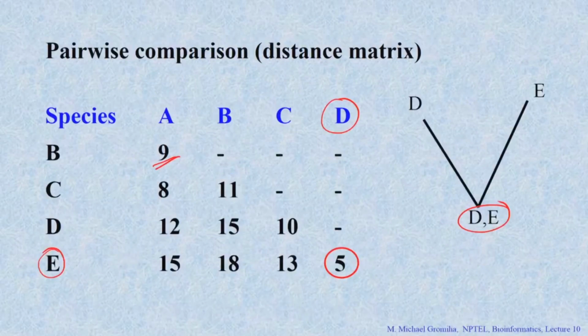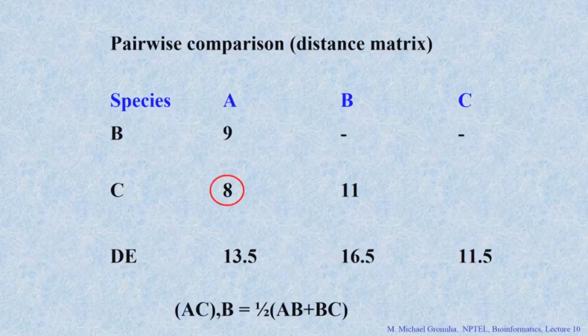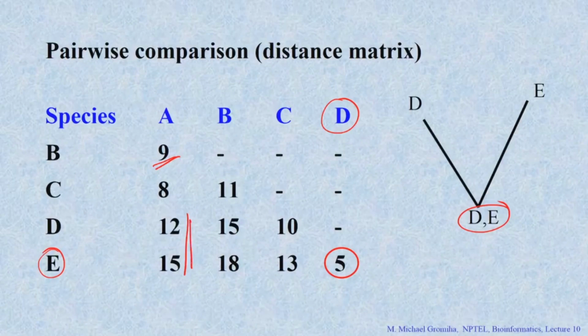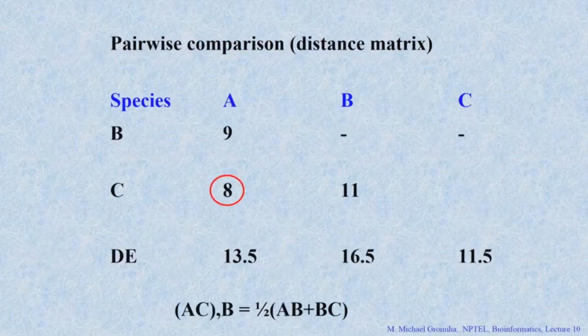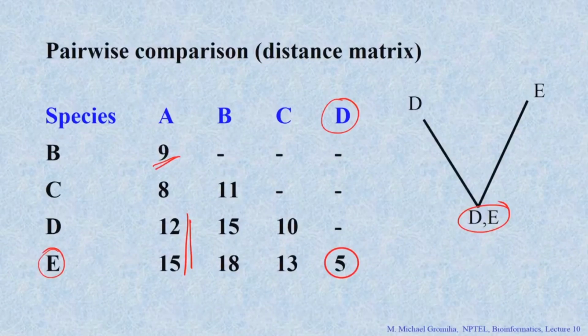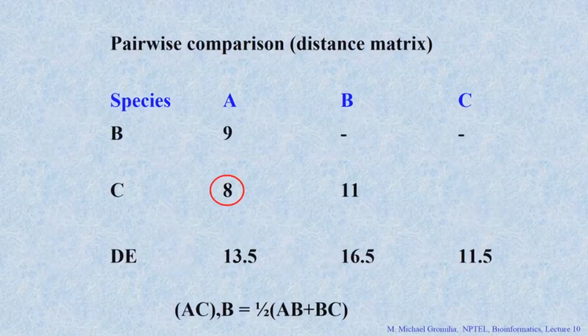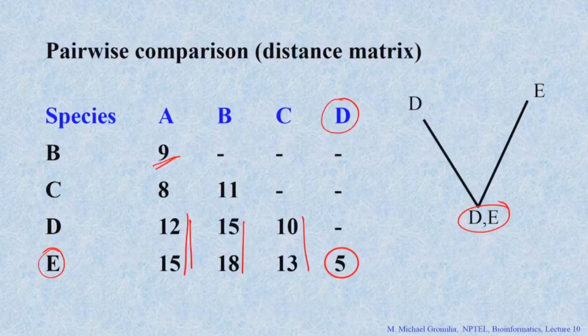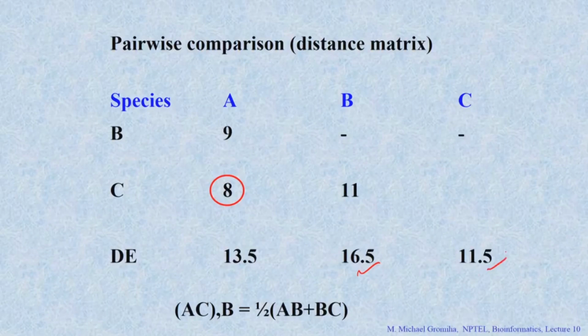If we take D and E with respect to A, 12 plus 15, what is the average? 13.5. With respect to B, 16.5, and here 11.5, because we combine D and E with respect to A, with respect to B and with respect to C. So, now I get this matrix.